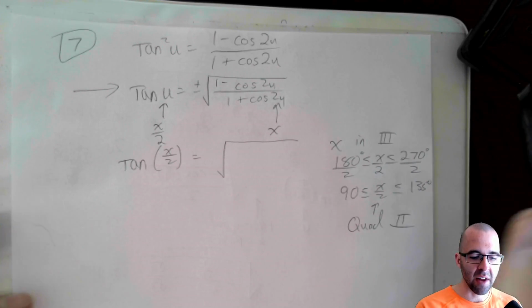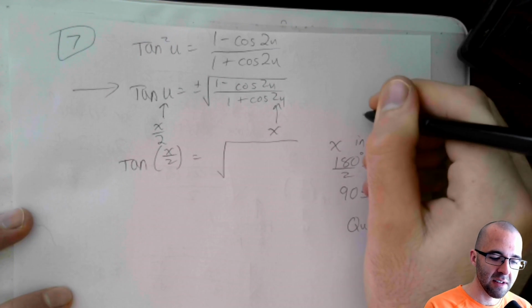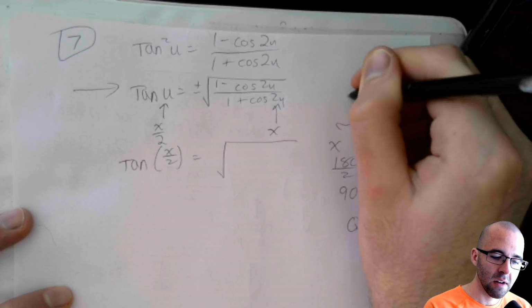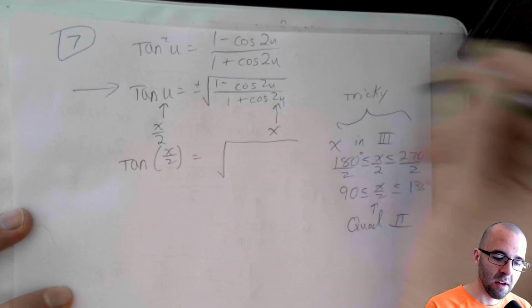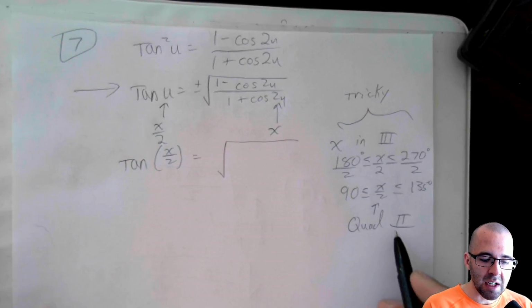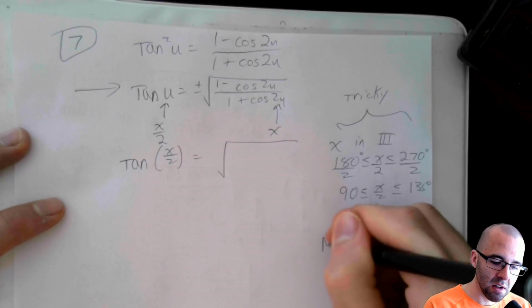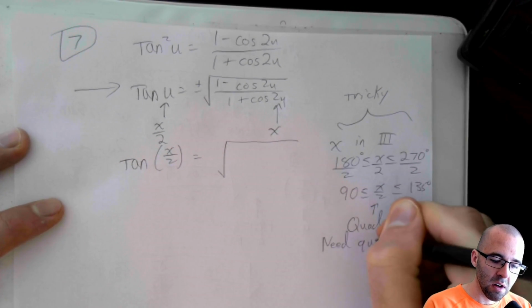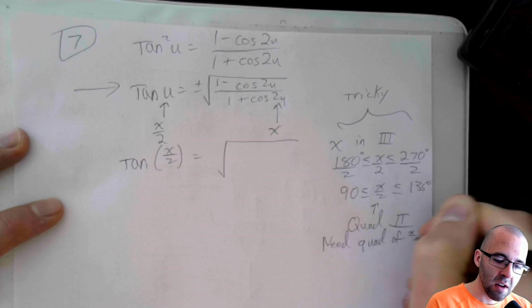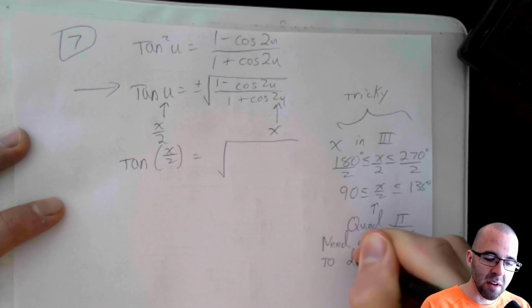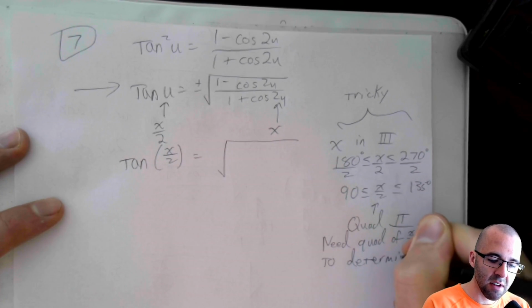This right here is probably the hardest part of a problem like this, because we need to know the quadrant to determine whether it's positive or negative.